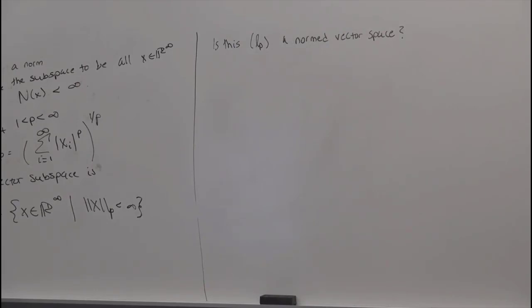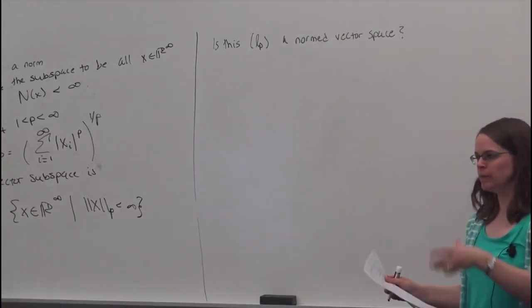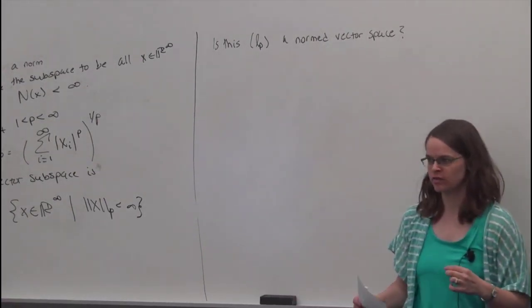What things do we have to check? I have to check that it's closed under addition and scalar multiplication. And I should probably also check that this is actually a norm, because now we're taking a limit. So those are the things that you want to check. You've got a collection of objects, you've proposed something as a norm, you've taken a subset of them, you need to check these things.